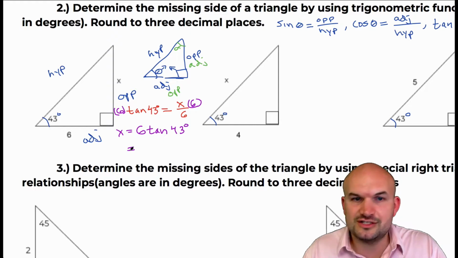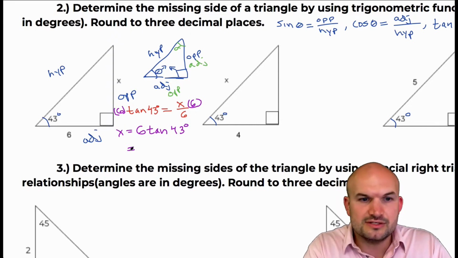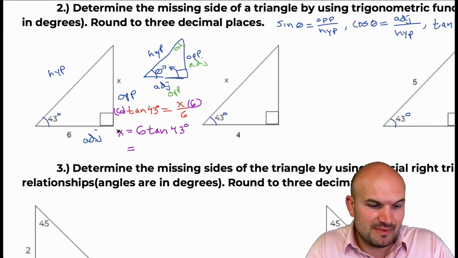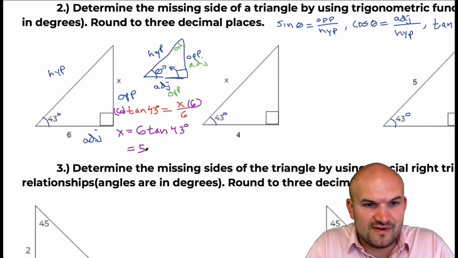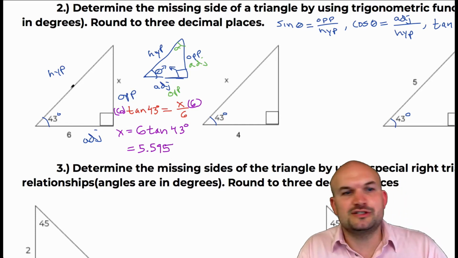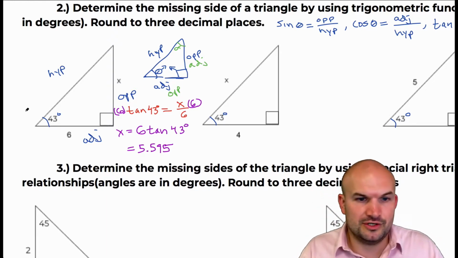And I said to round to 3 decimal places, so the answer that I obtain on my calculator is 5.595. Okay, and that can just be written as units because we're not dealing with any other units.